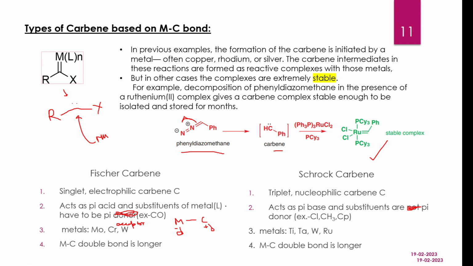There is also some electron donating group like OMe, which will donate electrons here, and again the metal carbon bond has a double bond character which can delocalize through the carbonyl.